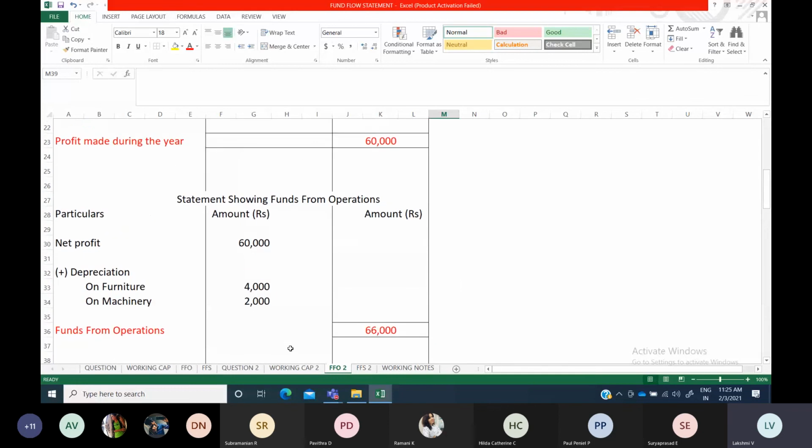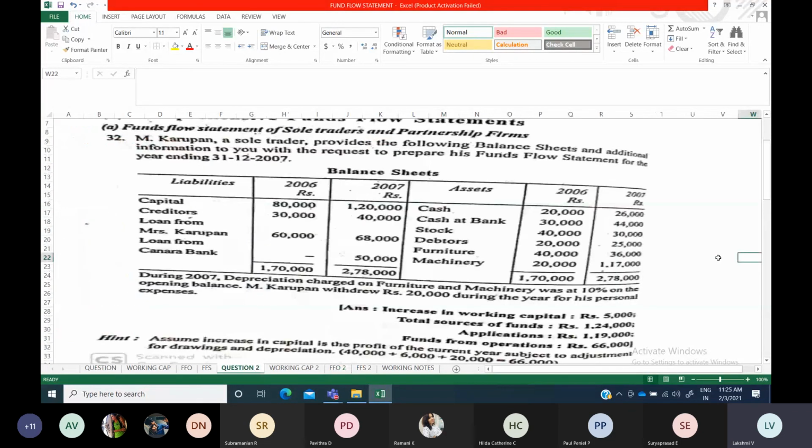But before going with that, you have to prepare certain accounts. So, provision for taxation, you need not prepare here because no information is given here. You can skip that, or else you have to prepare even that also. Here, usually for furniture and machinery, if no information has been given with respect to depreciation, just by comparing the amounts you can find out either it is a purchase or a sale.